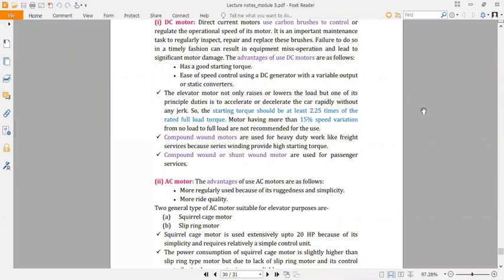For that smooth operation, this DC motor is also very much suitable.